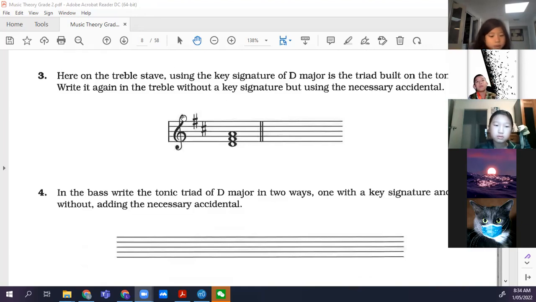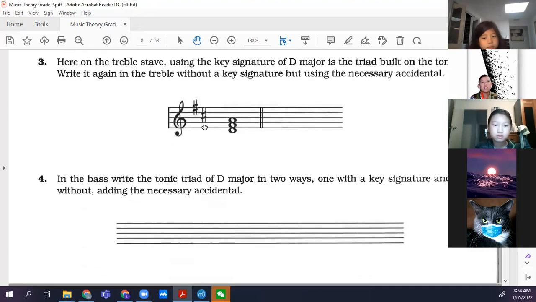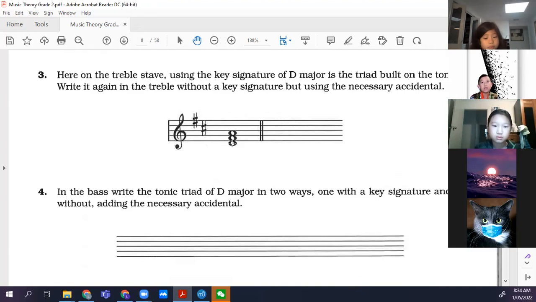Here's a tonic triad of D major using a key signature. Say we removed the key signature, right? Then that would be D minor, because the F sharp has turned into an F natural, and that automatically makes it the tonic triad of D minor.